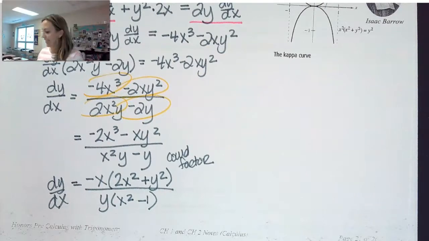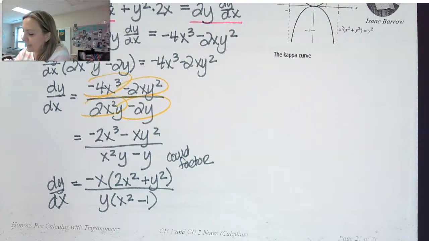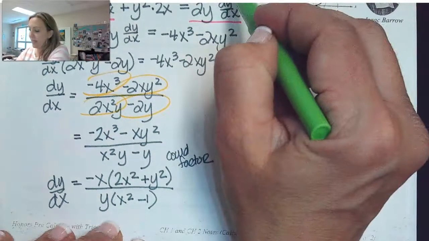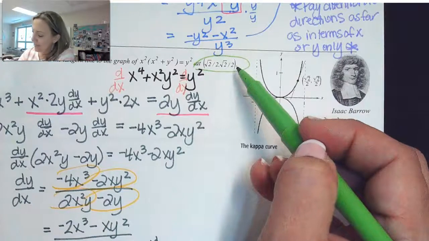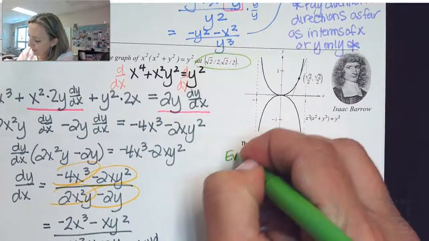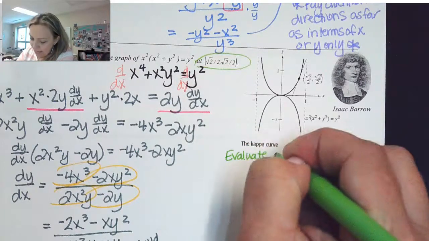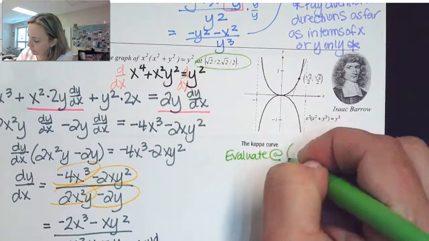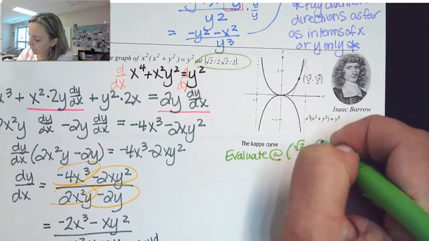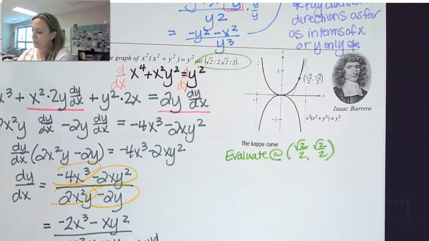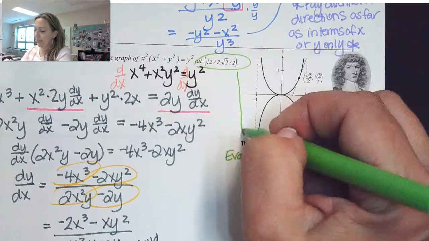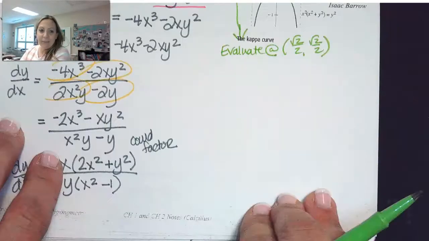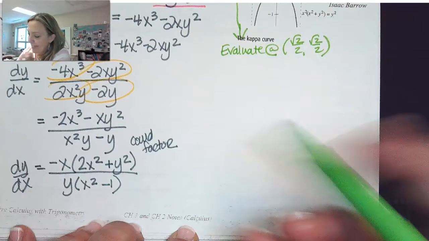And so now it's asking us to specifically evaluate this at root 2 over 2, root 2 over 2. So now we'll evaluate at root 2 over 2, root 2 over 2, just from that directive up here. So now let's put our dy/dx in there.